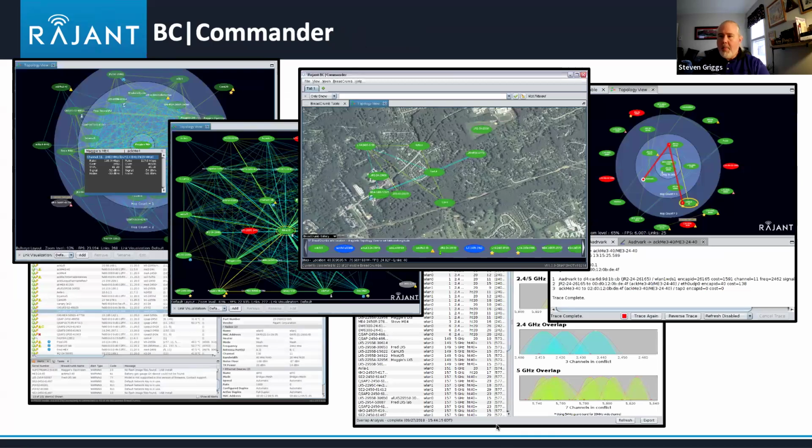So let's talk about BC Commander. BC Commander is probably the most powerful tool in your toolbox. Rajant's BC Commander is a proactive network management platform that helps recognize network problems early by monitoring performance and assisting with conducting root cause analysis, and that is by monitoring mesh links. And we monitor mesh links on a packet by packet basis.